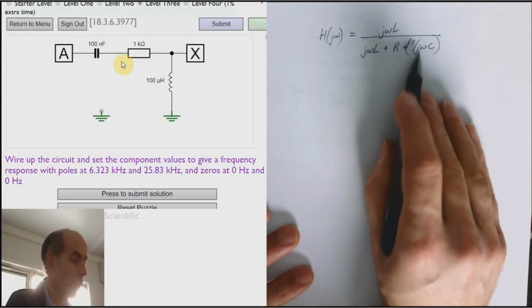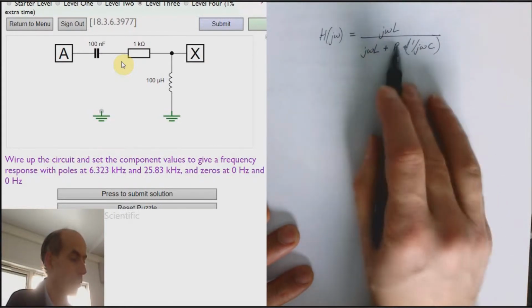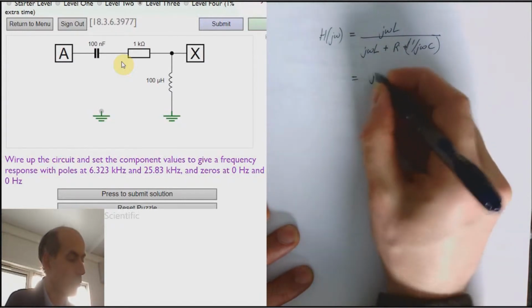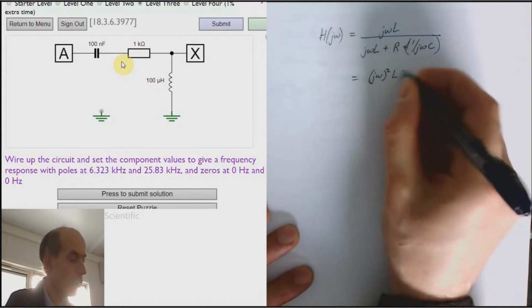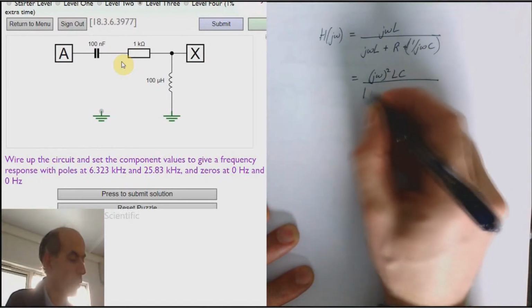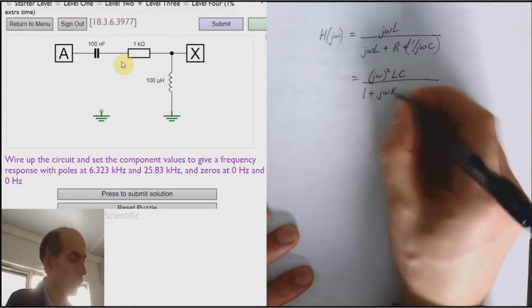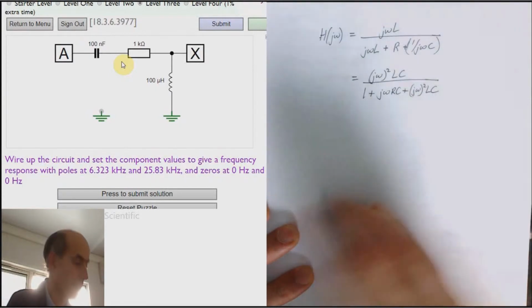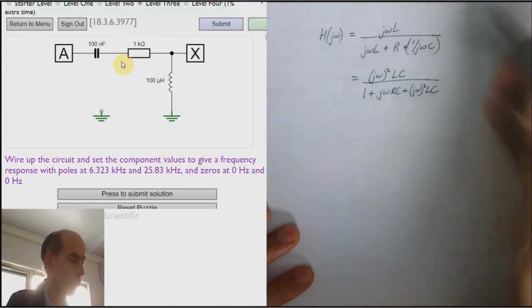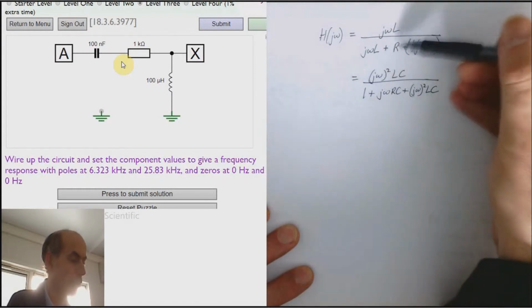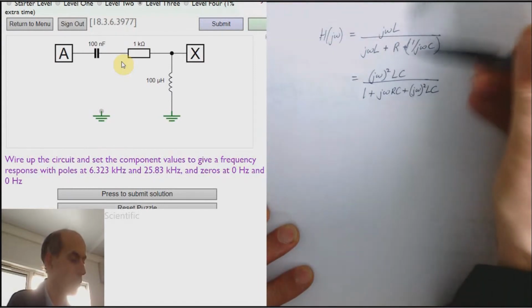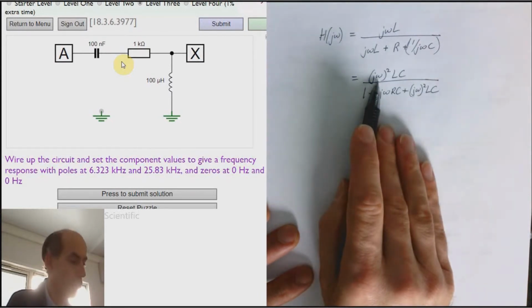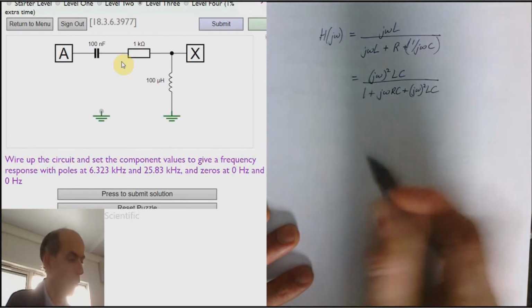Simplest thing to do, multiply up every term, top and bottom, by j omega C, and that would give us (j omega)^2 LC over 1 plus j omega RC plus (j omega)^2 LC. And I've just multiplied every term in this equation here by j omega C. That has two zeros at 0 Hz as required. Good.